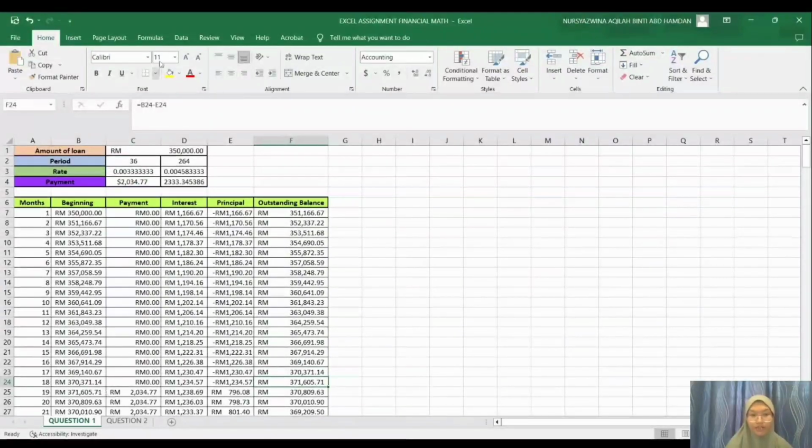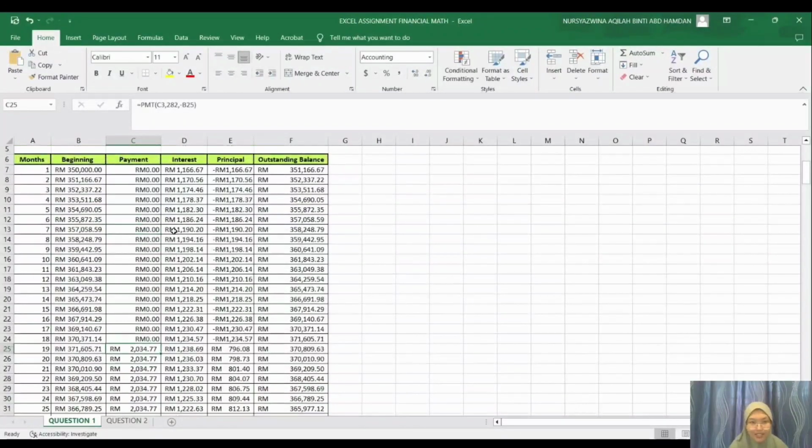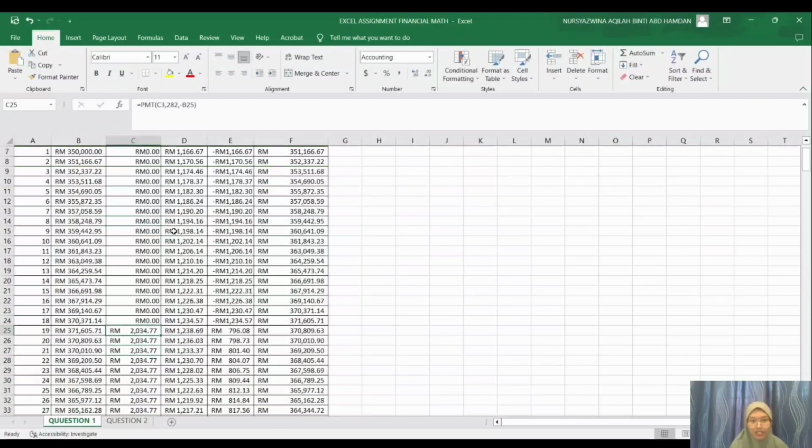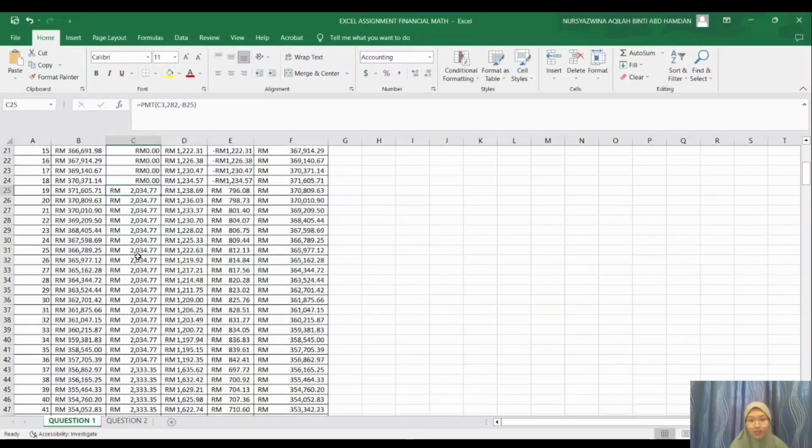We use negative signs so that our answer will be positive. Since the payment is constant from the 19th through 36th month, our payment is 2,034 ringgit and 77 cent.